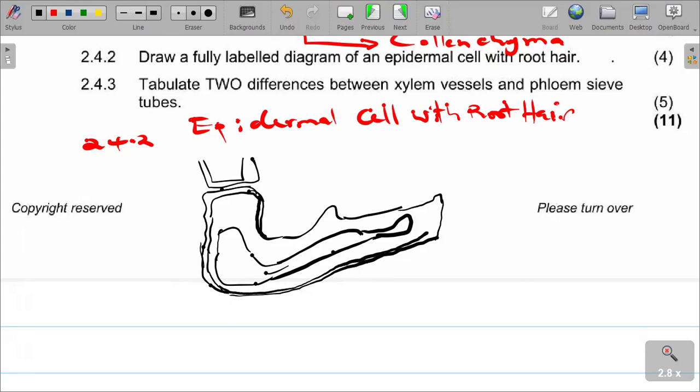That's the diagram that I'm just coming up with here. I'm not that much of an artist, but I'll just try to give you the diagram as it should look.